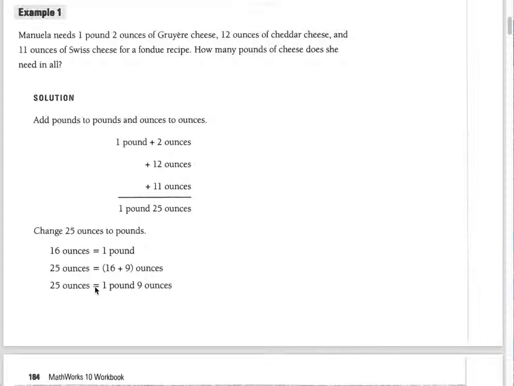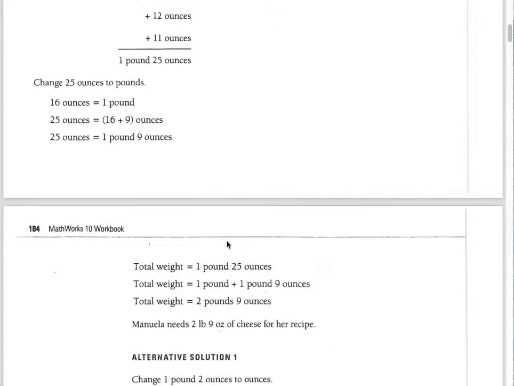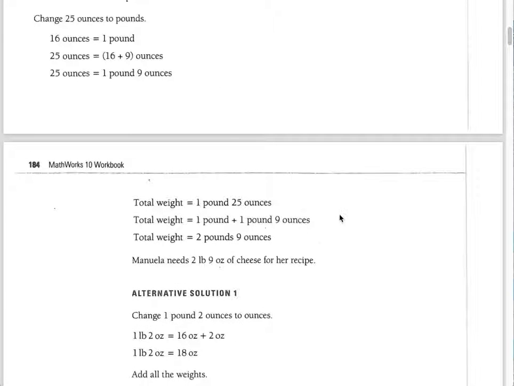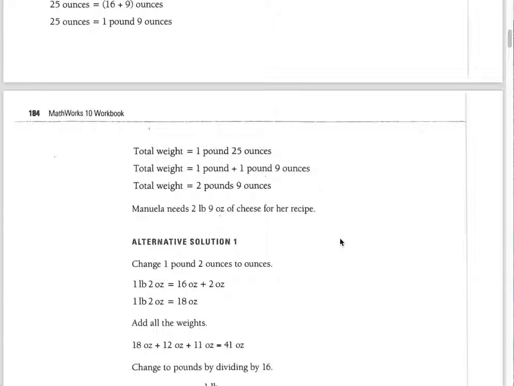Now if the 25 ounces is 1 pound 9 ounces, plus the other pound, she now has 2 pounds 9 ounces. So that's what she needs for her recipe.